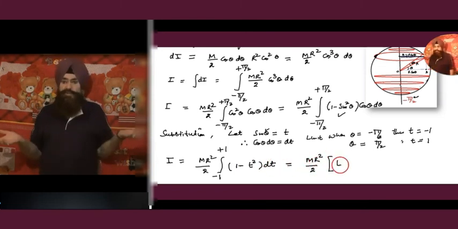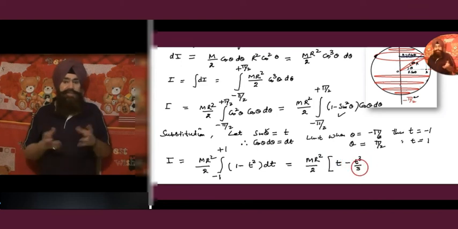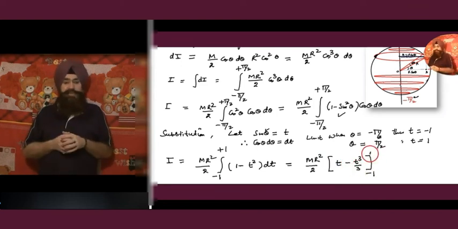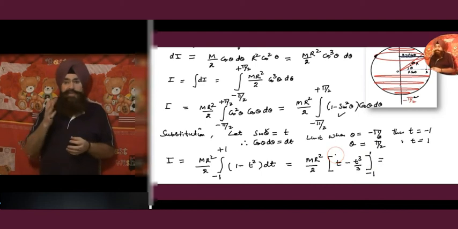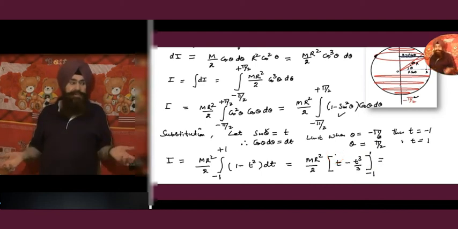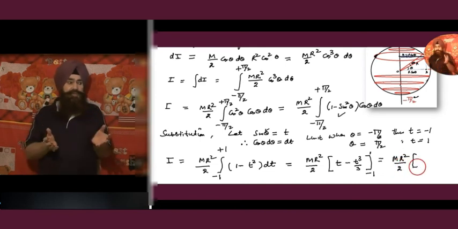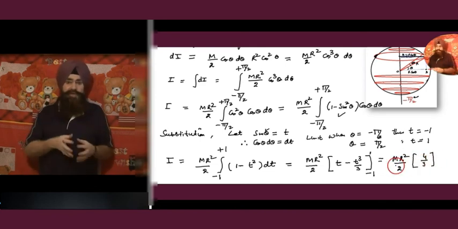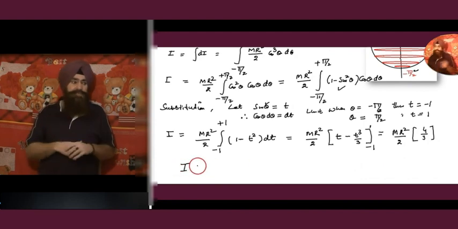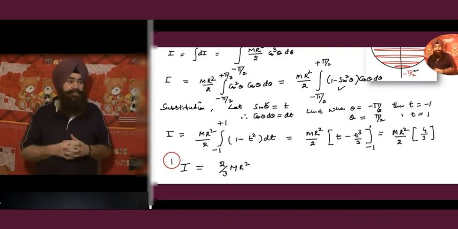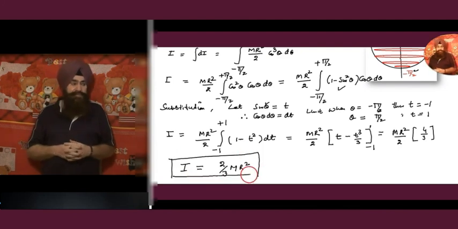Now this integration is very simple. The result is t minus t cube by 3, with limits minus 1 to 1. Now substituting the limits, we get the moment of inertia of the whole spherical shell about the diameter, which is passing through the center of mass of the shell. The result becomes 2 by 3 M R square.